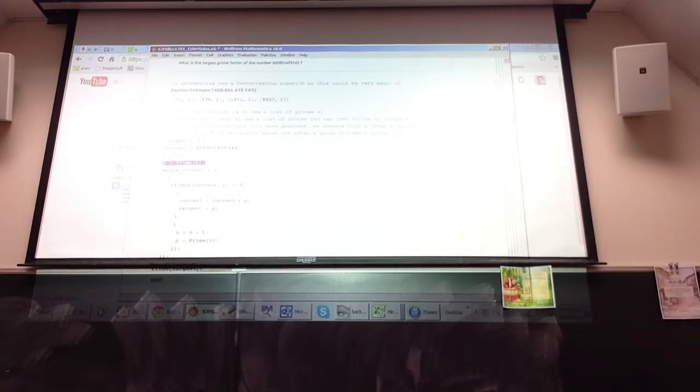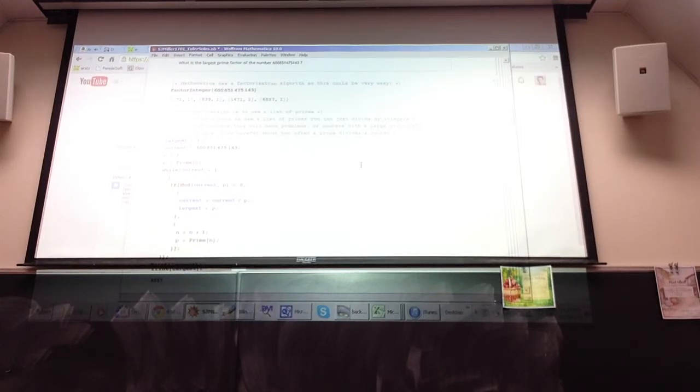And now when I start to try to figure out what's the largest prime factor, I take my number current, and I see if my prime divides it. And if it does, then I now say my largest prime divisor is that prime. And if not, I don't change it. I then increase my index by 1, and I look at the next prime, and I keep doing this while current is greater than 1.